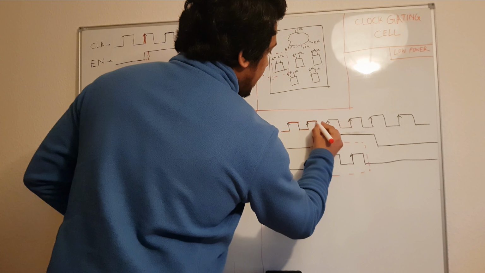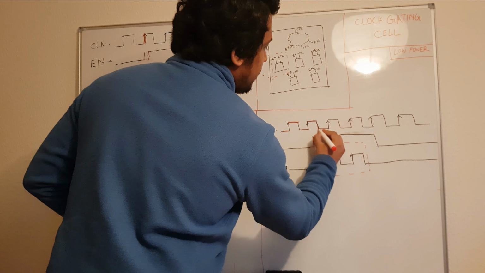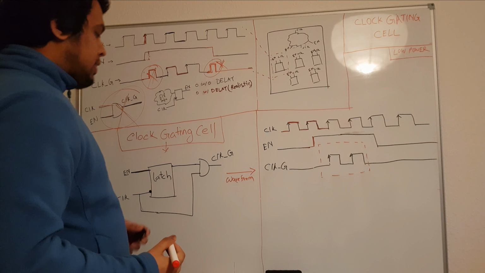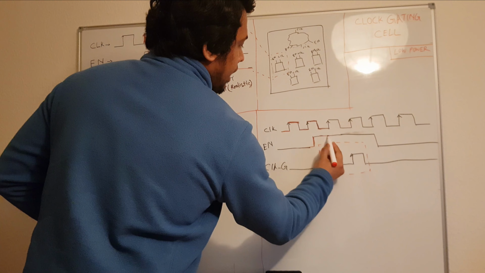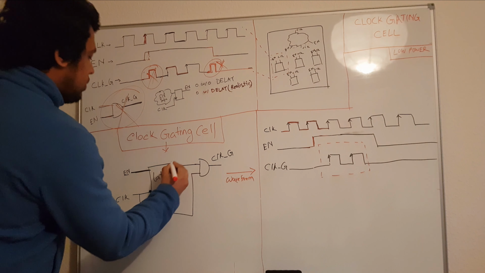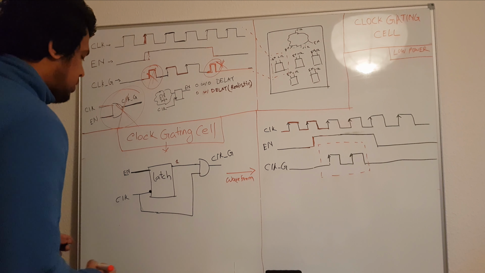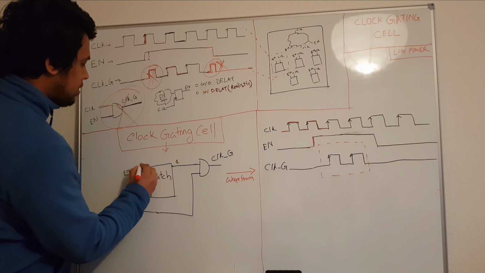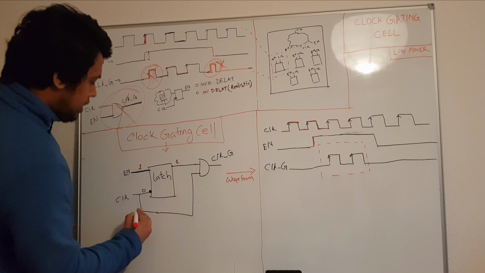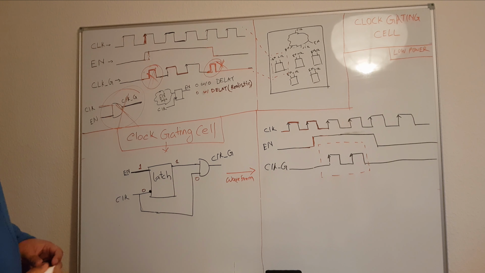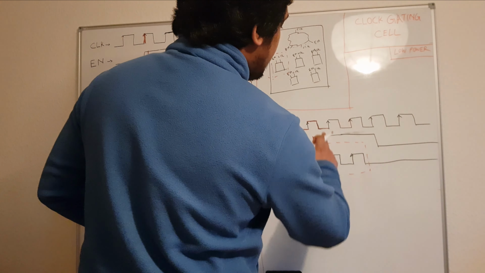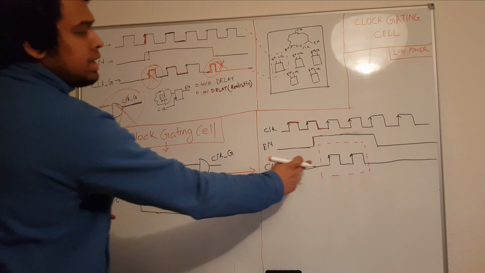But when it sees the next negative pulse, this latch, then you have an enable signal which is high, so it will be 1 here. So when this is 0 and this is 1, this 1 will go here, and here we had a 0, right?